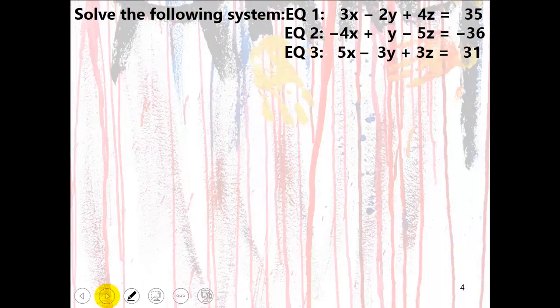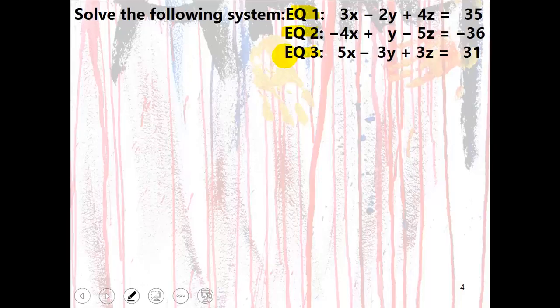I am going to take equation, notice that I call them equation 1, equation 2, equation 3. That's just to help me explain what I'm doing. If it helps you to use that, that's fine. If it doesn't help you, then you don't have to use it, but I'm going to use it to help explain what I'm doing.